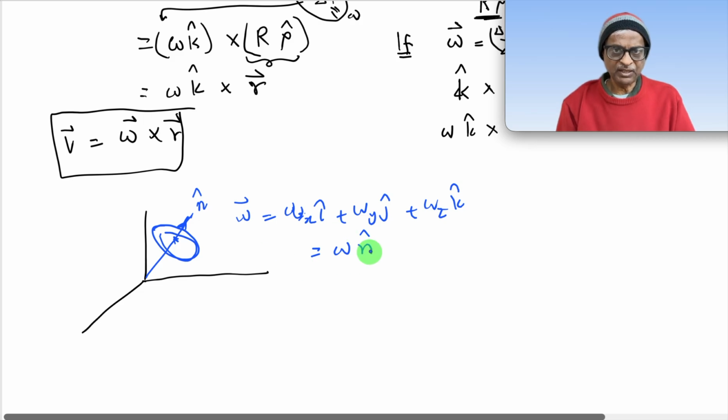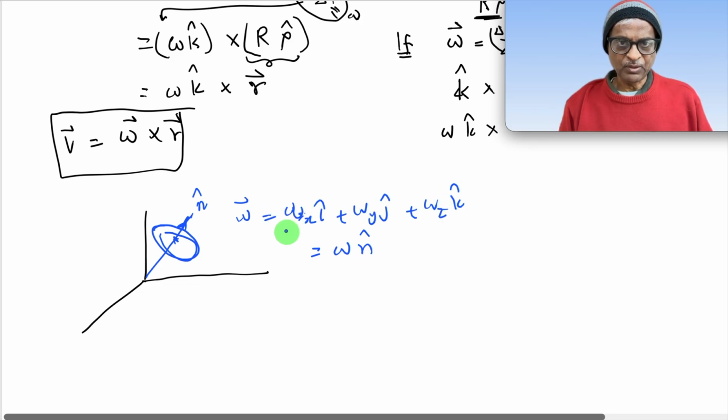Writing n hat with i hat j hat k hat, you'll have 3 different components of omega.